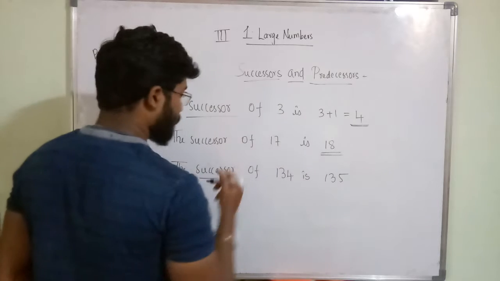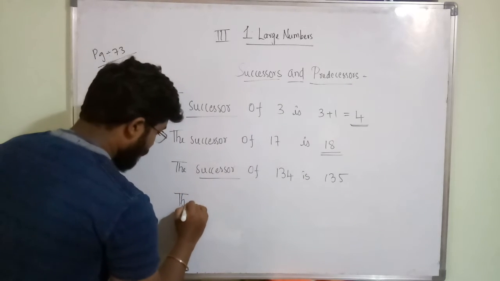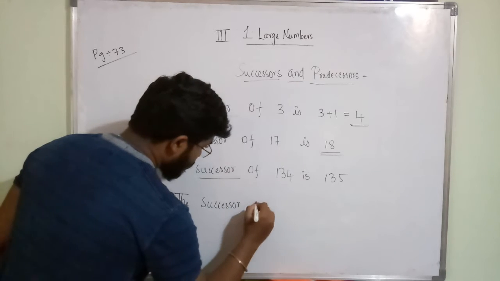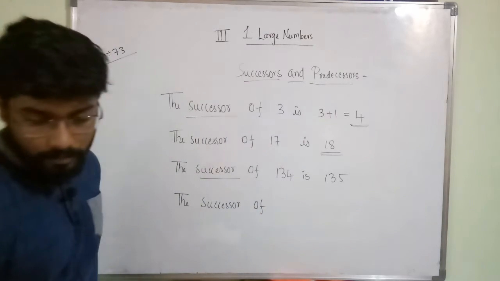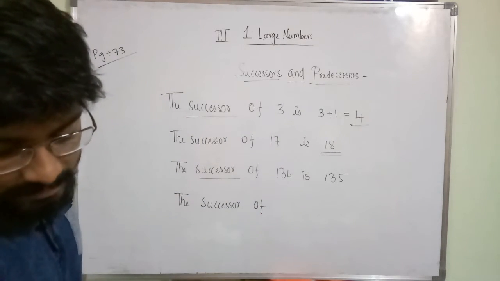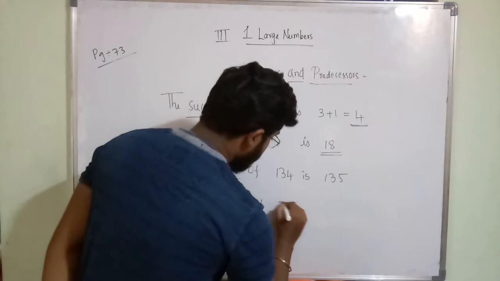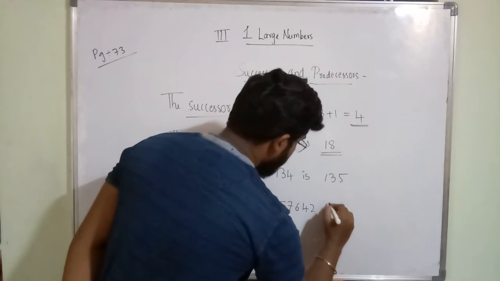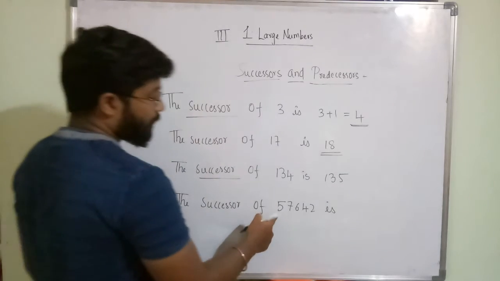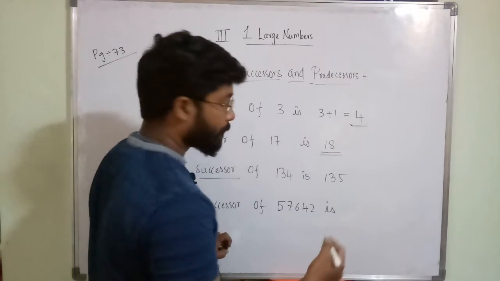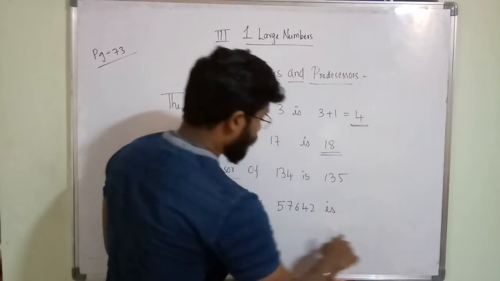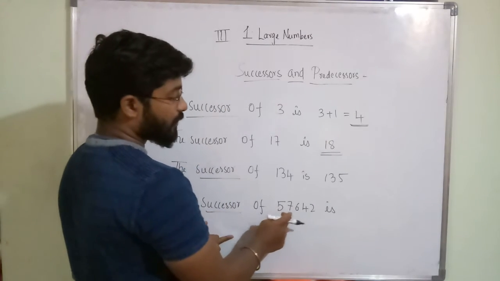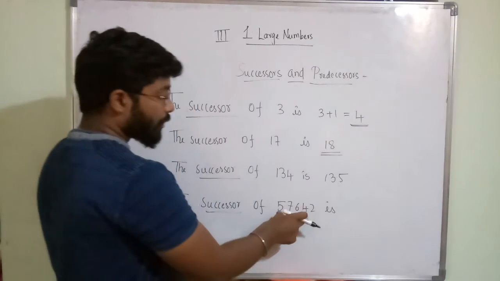Next, the successor of 57,642 is, so after 57,642, what you will get? He is asking successor of 57,642, so you have to do +1.